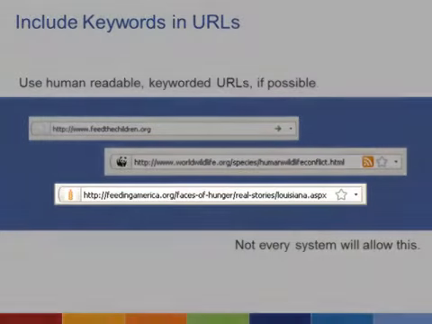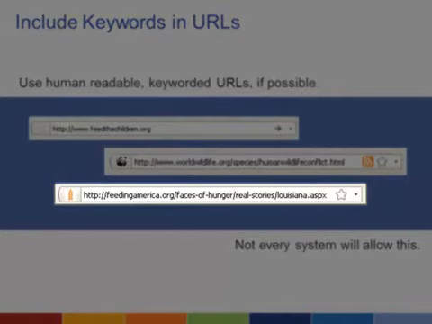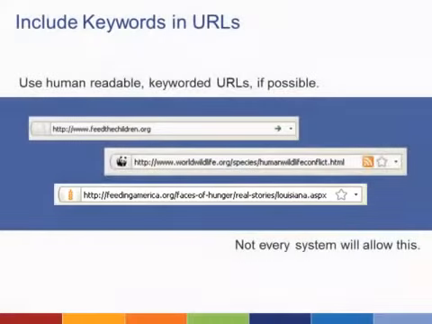For example, feedingamerica.org/facesofhunger/real stories/Louisiana is much more effective than feedingamerica.org/853B6578. Including your keywords in your URLs can be a very powerful way to optimize your website for search engines.